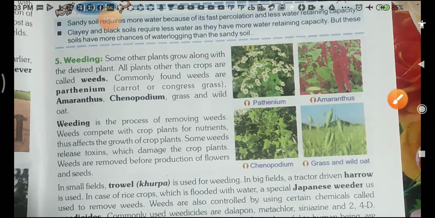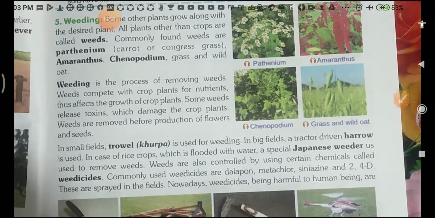Now see here, weeding is the process of removing weeds. Weeds compete with the crop plants for nutrients.